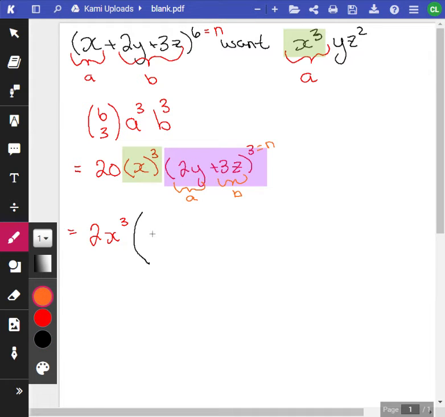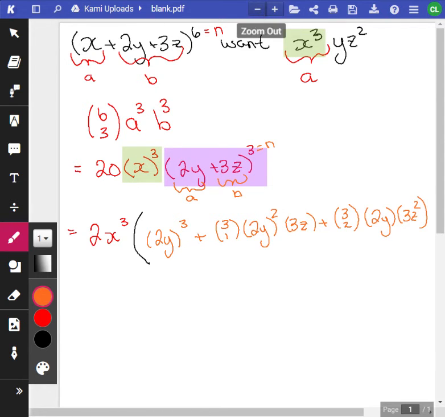So remember, we take our a term, so we're going to have 2y cubed plus 3 choose 1, 2y squared, 3z plus 3 choose 2, 2y, 3z squared.